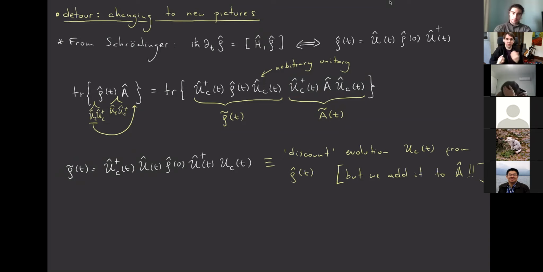However, if this unitary is something that we know, this operator is something that we know. I mean, we don't need to solve the dynamics of this operator. We already know it. And in particular, this means that in this new description of the state of the system and the observables, observables evolve according to this trivial evolution.